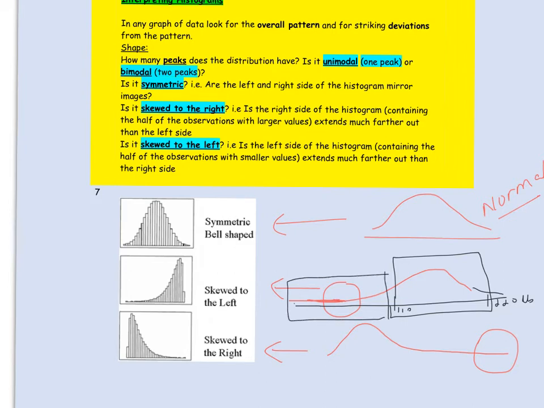Now, if you're thinking of this line as the x-axis, the numbers that are way to the left are numbers that are very, very small. So let's say this number is about 55 pounds, and up to maybe here there is about 80 pounds.